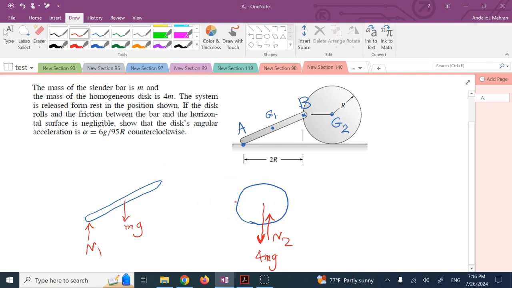Now, the pin reactions are not that critical if you draw them in the positive or negative x direction for one of them, and the reaction of that, of course, for the other one. The only thing that you cannot make a mistake about is the friction. The friction here causes the object to roll, because here there is no friction. Okay, here it says what?